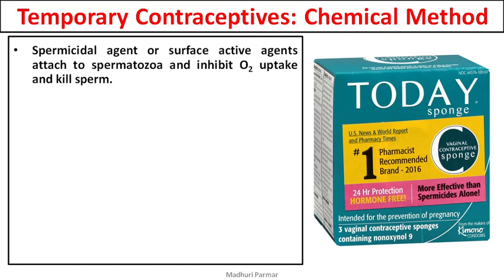So to kill the sperms, you have certain chemicals known as spermicidal agents, or surface active agents. Surface active agents are like surfactants. Do you know how detergents act on different bacteria or living cells?